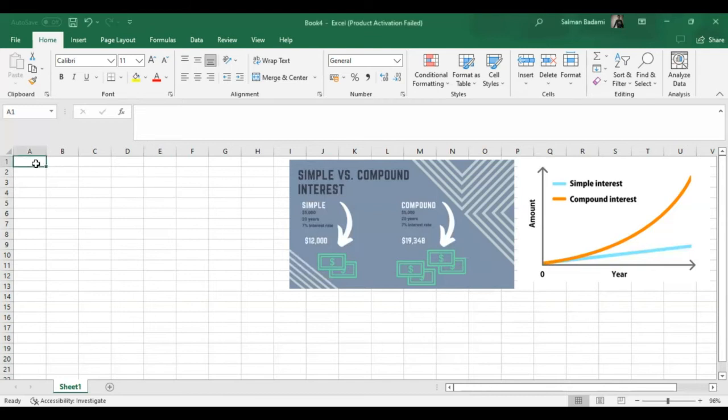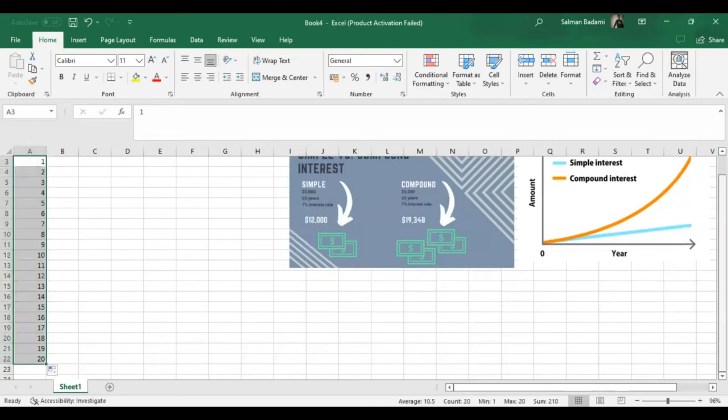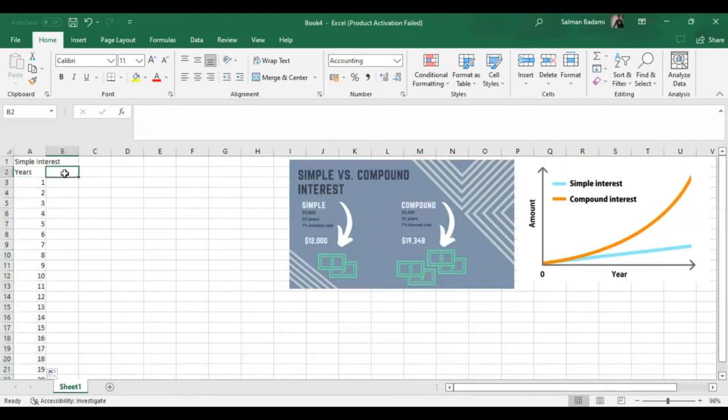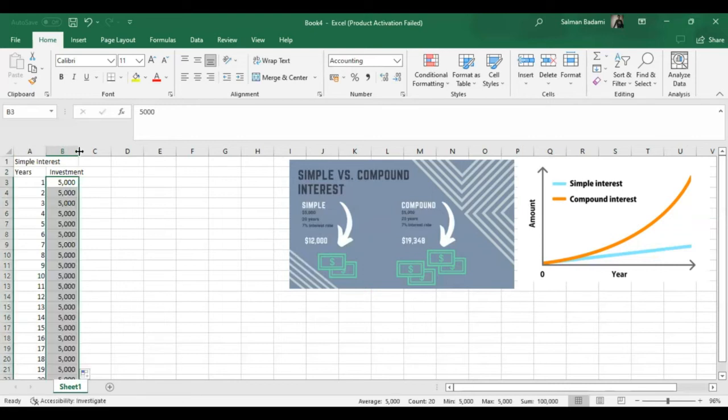So first we will discuss simple interest. In case of simple interest, there are 20 years. So I've taken 20 years and the investment amount is $5,000. So for 20 years, this will be as it is.